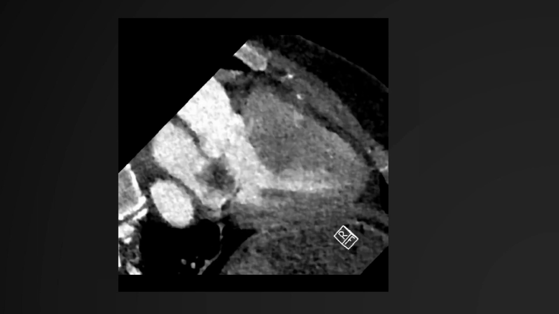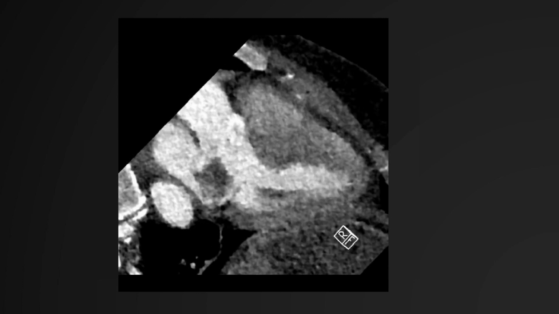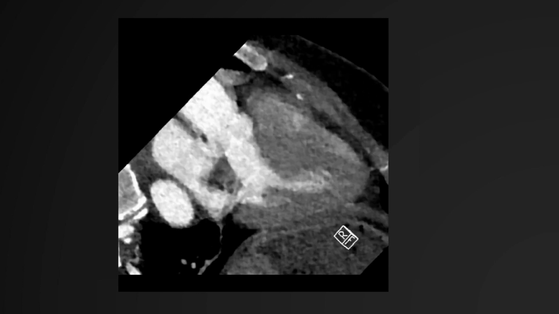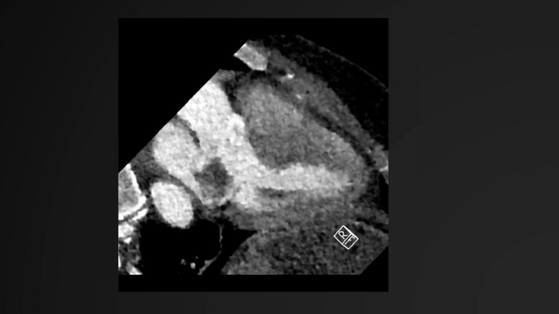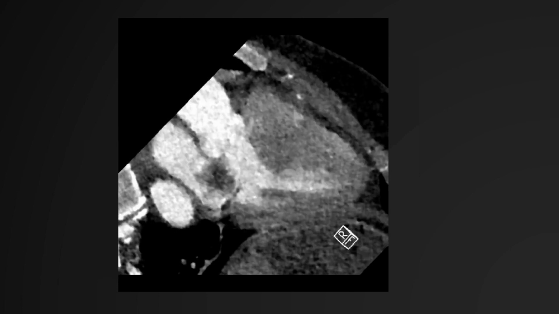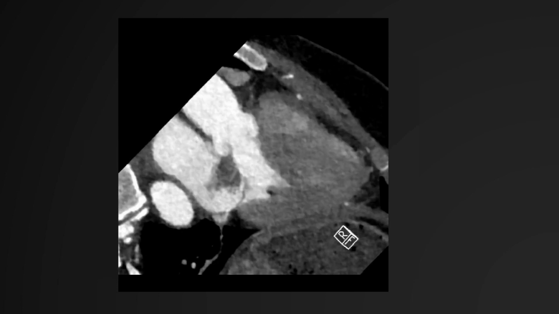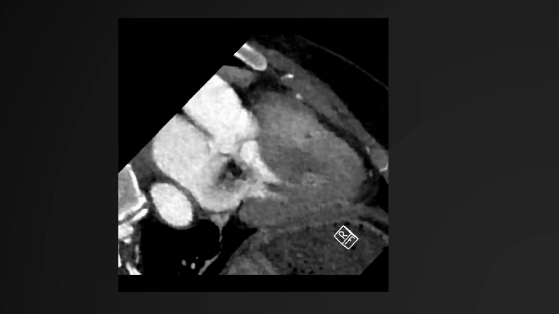And here is a cardiac CT. In here, you see a large polypoid, pretty much mobile mass that is attached to the lower aspect of the interatrial septum, very close to the aortic annulus, and it is prolapsing through the mitral valve into the left ventricle.